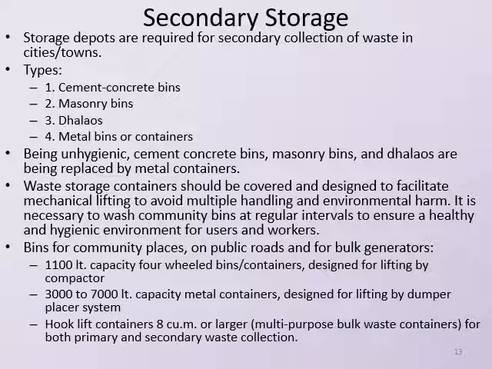It is necessary to wash the community bin at regular intervals to ensure a healthy and hygienic environment for users and workers also. Bins for community places on public roads or for bulk generators, 1100-liter capacity, four-wheeled bins or containers are generally used, designed for lifting by compactor. 3000 to 7000-liter capacity metal containers are used, designed for lifting by dumper placer system.